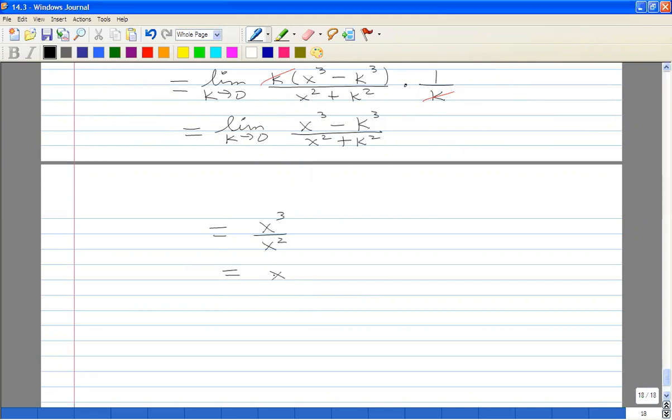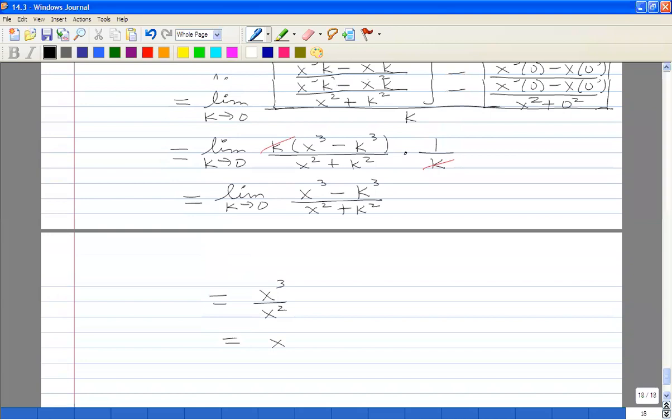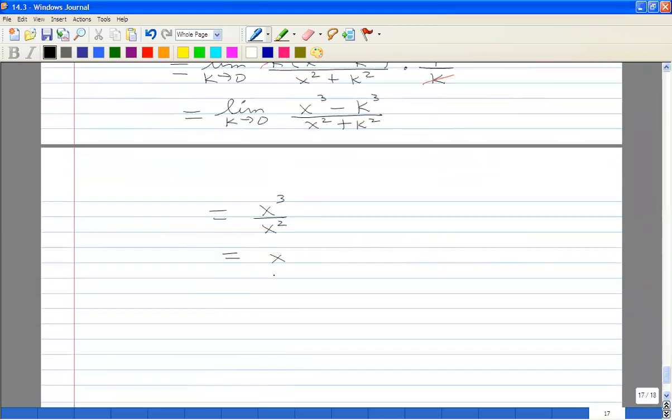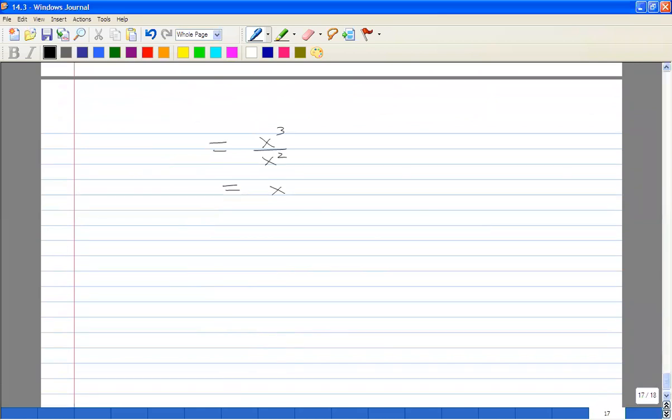Okay, so let's do this at the origin also. So I don't know what happens when x is 0. So let's figure out what happens when x is 0. So let's take the partial of f with respect to x at the origin.